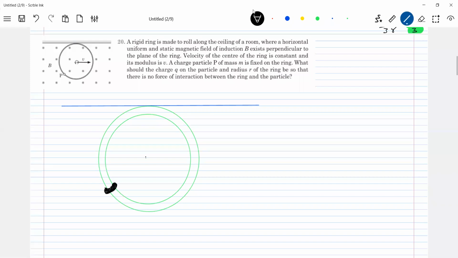There's a radius, and there's a ceiling. So try to understand the diagram first. It's very easy. It is the ceiling of a room.